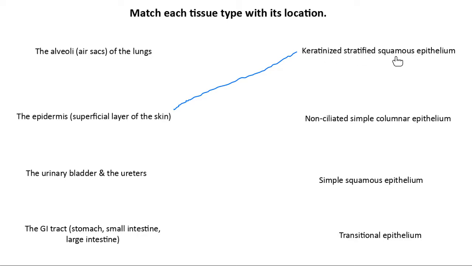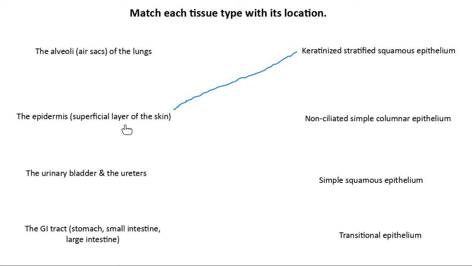This is what covers the outside of your body. This is also the kind of tissue that you can thank for all of the dust in your house. Pretty much all of your dust is dead skin cells, and it's all this stuff right here. So keratinized, stratified, squamous epithelium, we find on the epidermis, the superficial outermost layer of your skin.